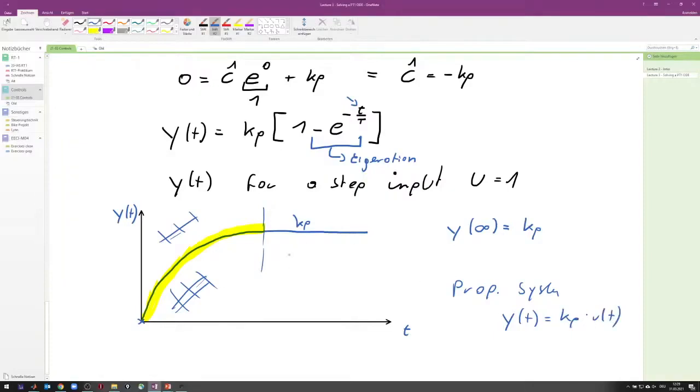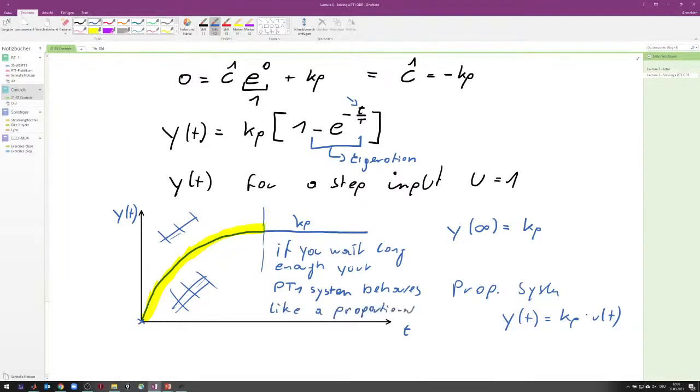And what you see here is that if you wait long enough, your PT1 system, so a system with a first order lag, behaves like a proportional system, right? So this lag basically vanishes at some point. It goes away. And then what remains is a proportional system.